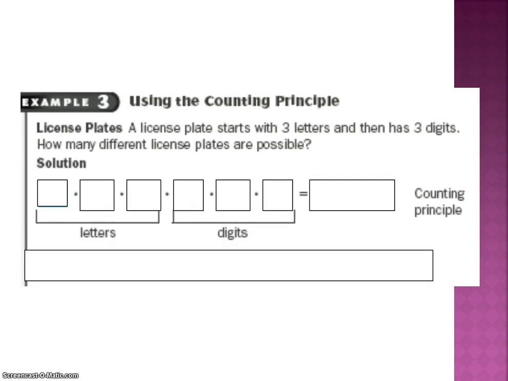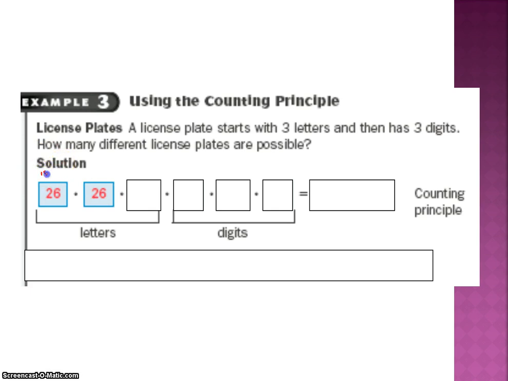We can also use the counting principle to figure out how many different license plates are possible. And we do actually use this when we are determining what type of license plate you might get on your new car. A license plate starts with 3 letters and then 3 digits. So, how many letters are in the alphabet? 26. Because you can repeat the letters, like I could have B, B, B in my license plate, the second choice is 26.